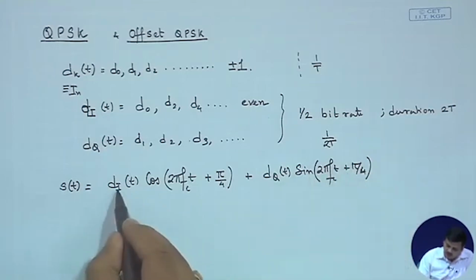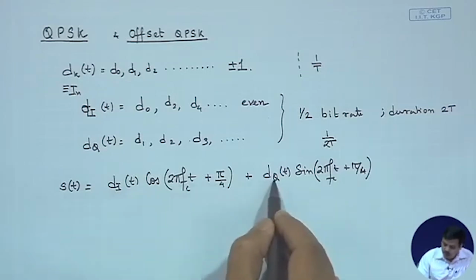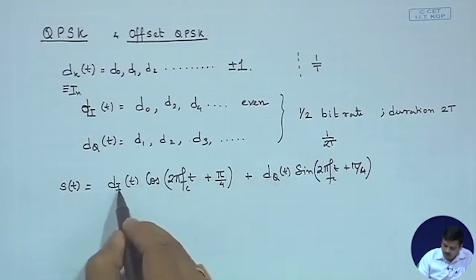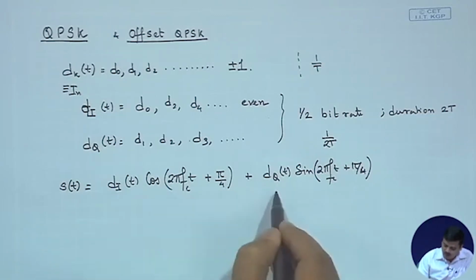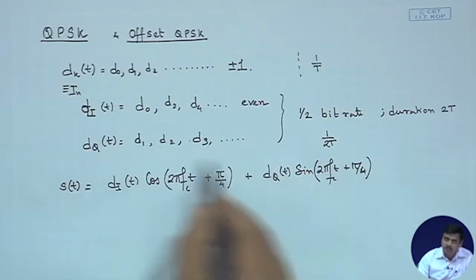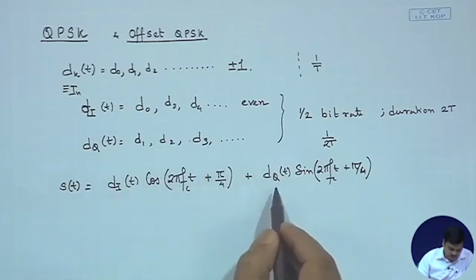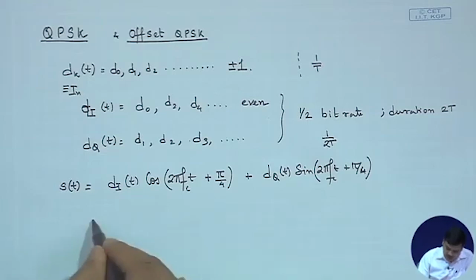If d_I takes a value of 1 and d_Q takes a value of 1, you have one particular combination. So, 1 1, 1 minus 1, minus 1 1, and minus 1 minus 1. These are 4 combinations of d_I and d_Q that you get.